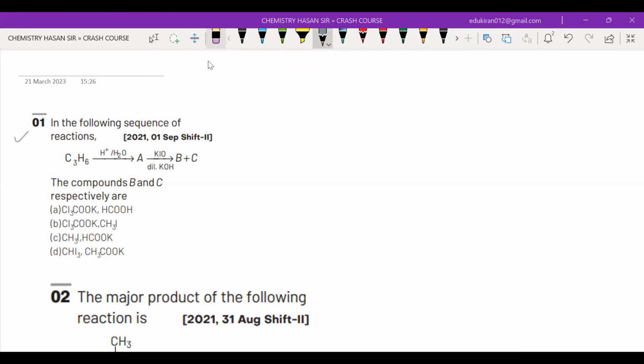Dilute KOH and iodoform is KIO. Krishna, any answer from you?